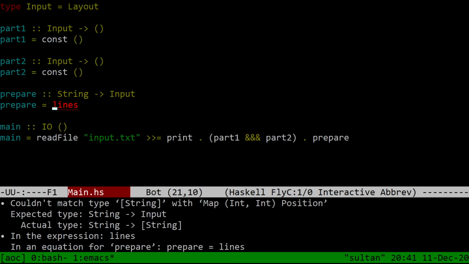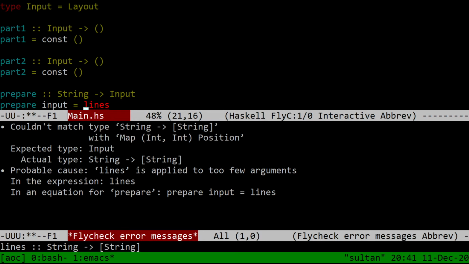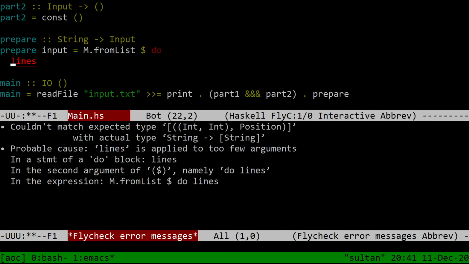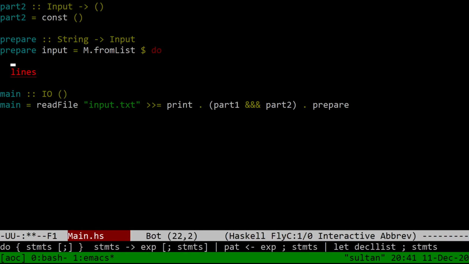We just need to zip stuff a bunch. Equals zip, m dot from list of do, and as always, I'll write it as do notation instead of a list comprehension.